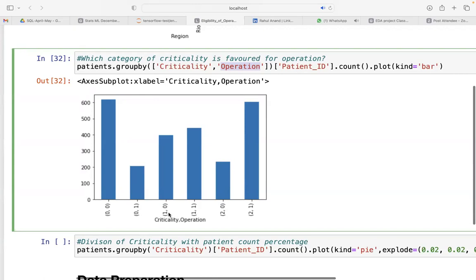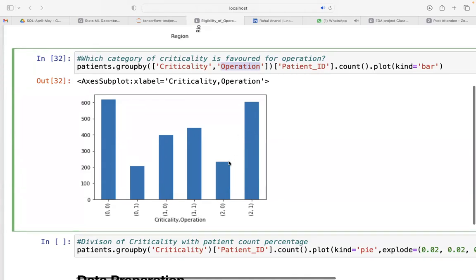When you compare criticality level 2, the number of patients denied operation is in a somewhat medium range, and people who were allowed for operation are also in a somewhat medium range. So it's not varying a lot. Now when you go to level 3 of criticality, the more critical patients, the number of patients denied the operation is less, and the number of patients eligible for operation is very high.